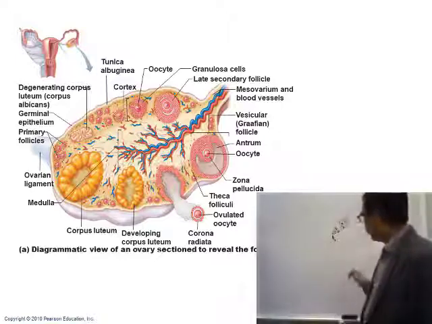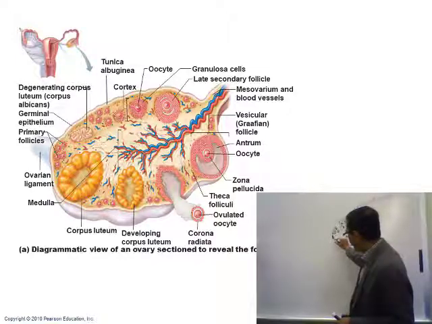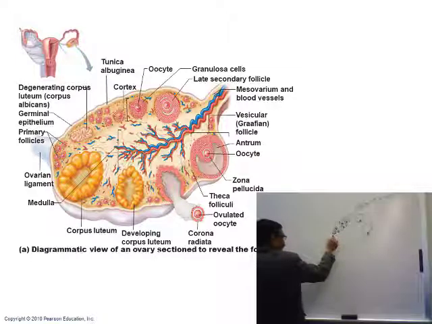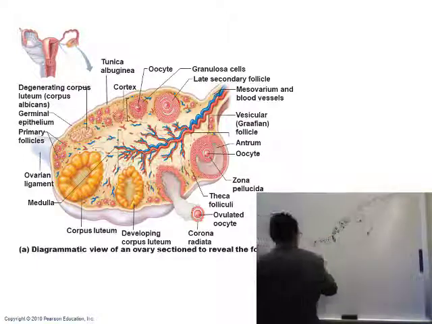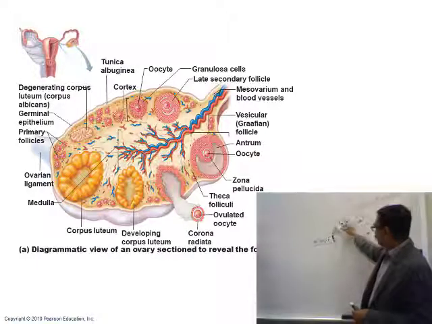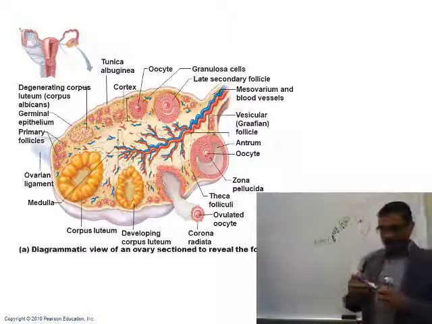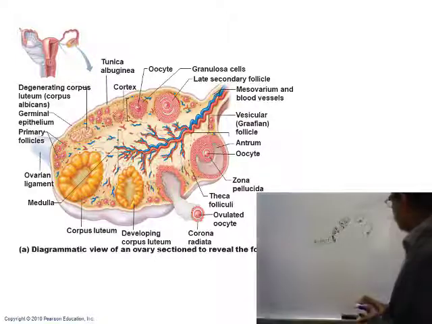Just remember that you have stem cells along the wall, and from the stem cells, first by mitosis, multiplication occurs, same as spermatogenesis, and then the follicles grow.